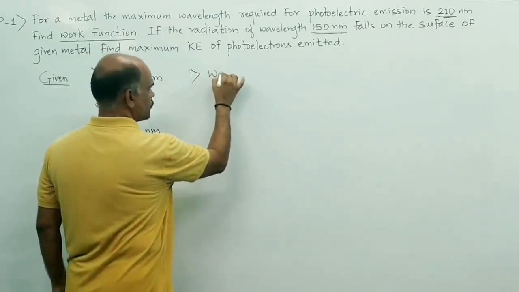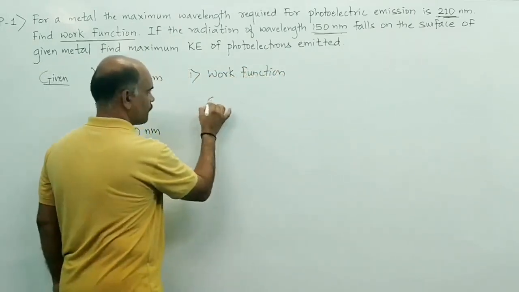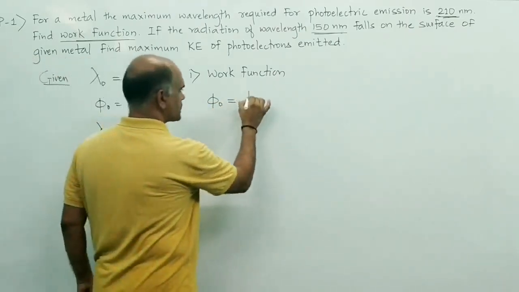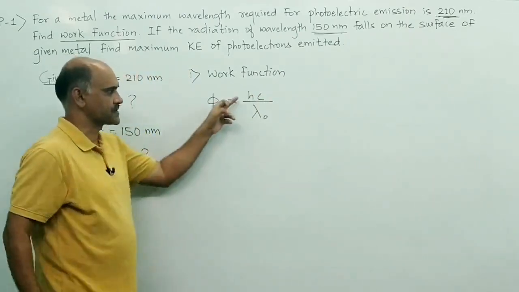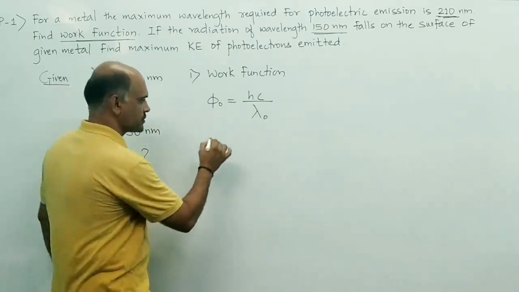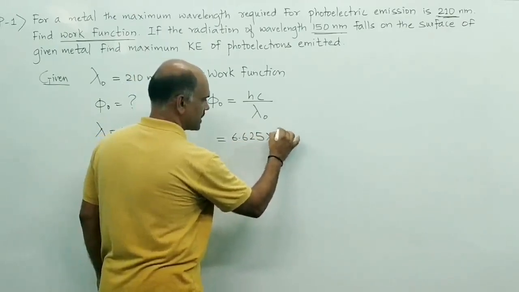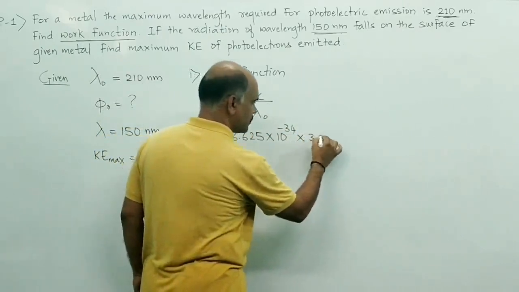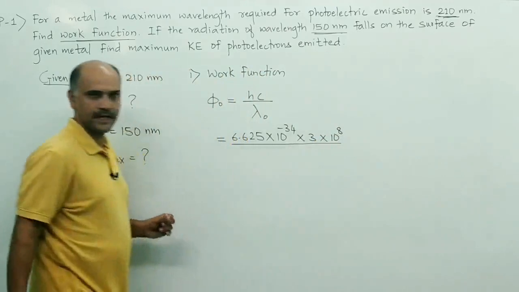So first, work function phi naught is equal to hc by lambda naught. Substitute the values. h is Planck's constant, c is the speed of light. So if you substitute the values, 6.625 into 10 raised to minus 34, speed of light is 3 into 10 raised to 8, divided by lambda naught.